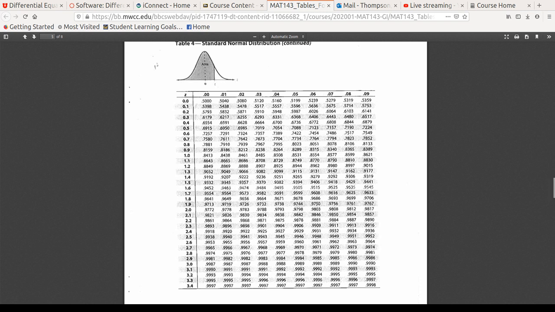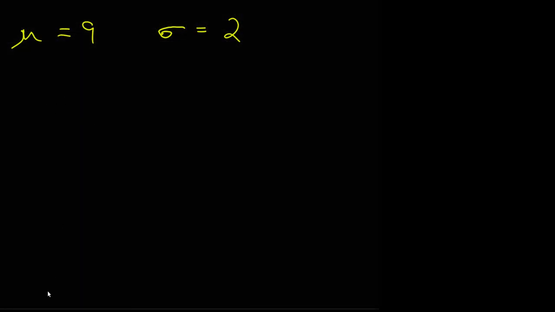And so what we want to do here is, if my Z-score is equal to 1.96, how much does that cat weigh?